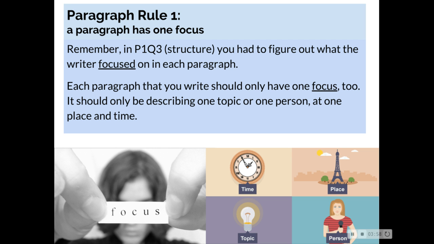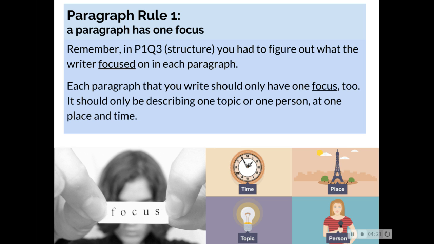So, some rules for using paragraphs. A paragraph should only have one focus. If you remember back when we were doing Paper 1, Question 3, that structure question, you had to figure out what the writer was focusing on in each paragraph of the source.